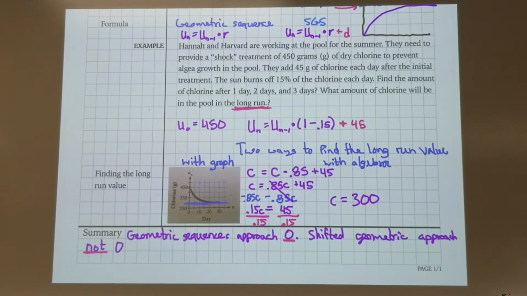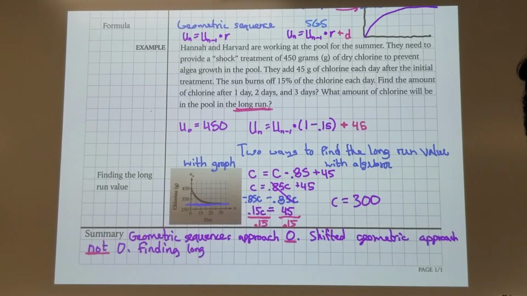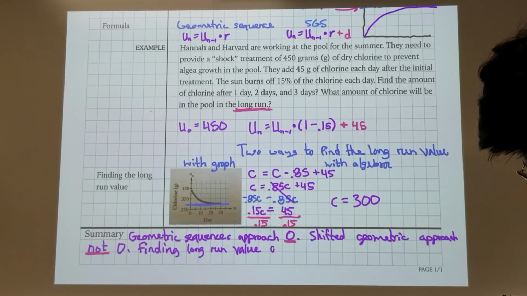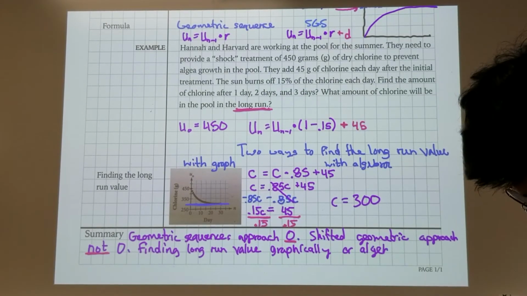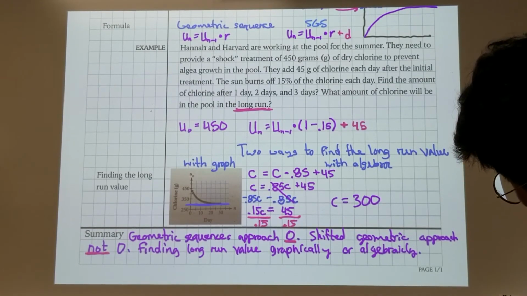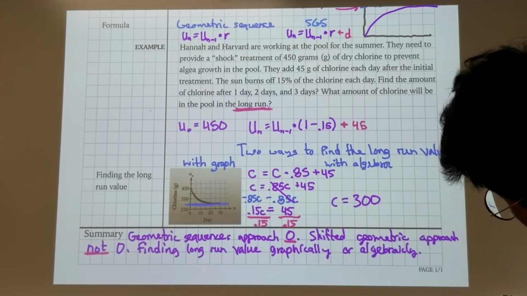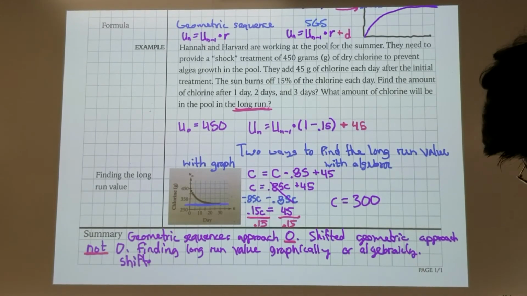The only other thing you need to remember is that you can find the long run value algebraically or graphically. And what makes a shifted geometric sequence special? It has a ratio and a difference. It has an added value and it has a ratio.